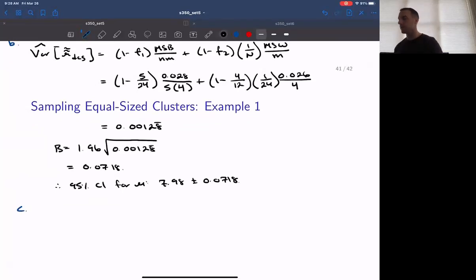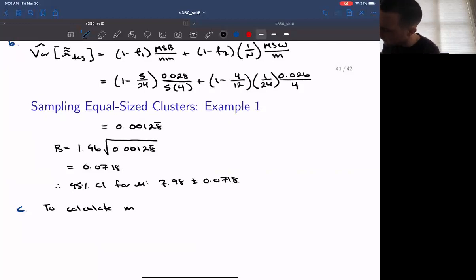Okay, and now in part C, we want to calculate the number of observations per cluster, little m, given that cost is equivalent. To do this, we can use the following.